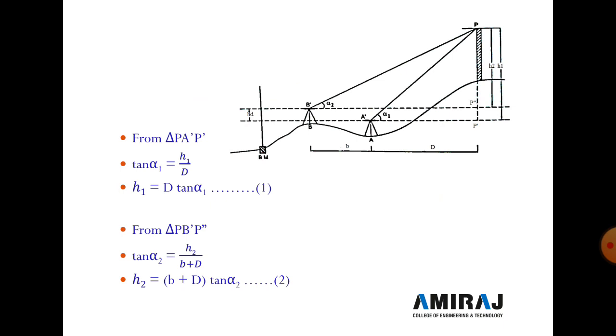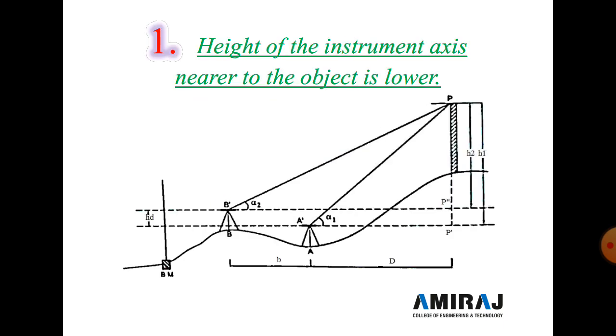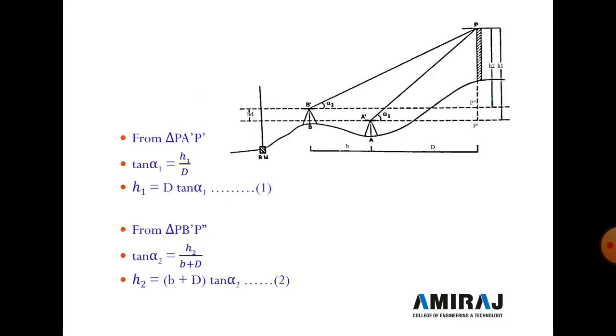So let's start with the first step. The height of the instrument axis near the object is at the lower station. Here we take a triangle. This one is the object, and the top of the object is point P. So we take the triangle P A dash and P dash.